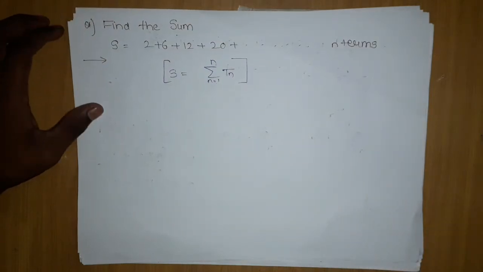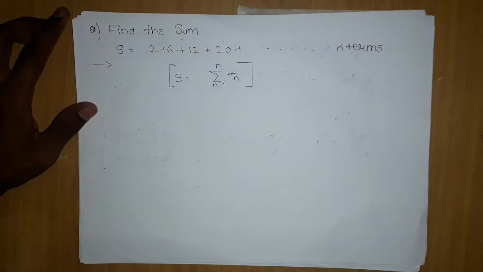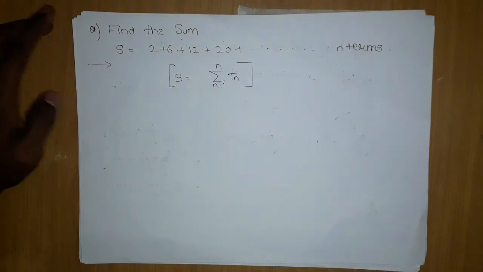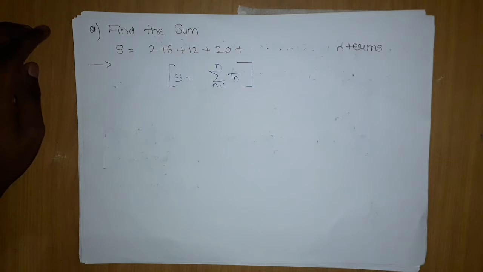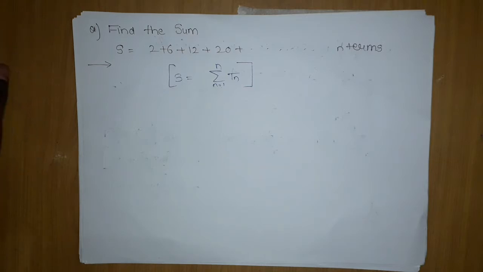We will see different methods, but first we will solve the basic problems by the sum and difference method. It is similar to the AGP method, but there is a little difference in this method. So let's see the first problem.